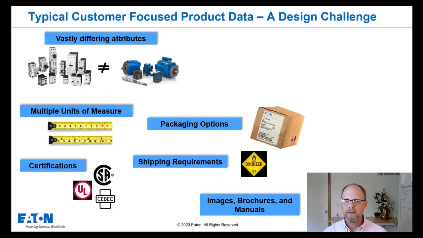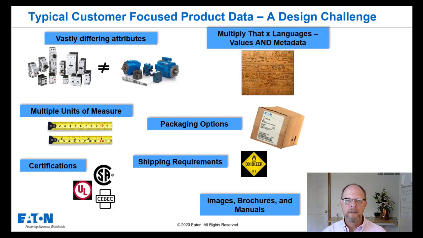And you take all that and you add the images and the brochures and the manuals that are necessary to market and show these products. And you multiply that by X number of languages, and you're going to multiply not only the values of the data that you have, but you're also going to multiply that by the metadata, so the information, the labels and things like that surrounding your data.